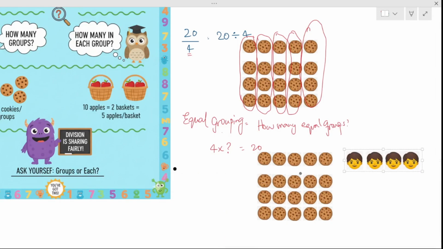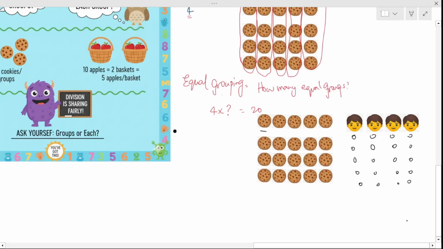I can say the first one goes here, the second one goes here, the third one goes here, and the fourth one goes here. So I split these cookies among the 4 children, giving cookie one, two, three, four, and then another cookie to everyone, so that they are getting equal sharing among the 4 children. In this case, what we call is equal sharing.